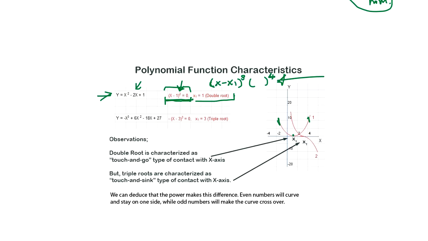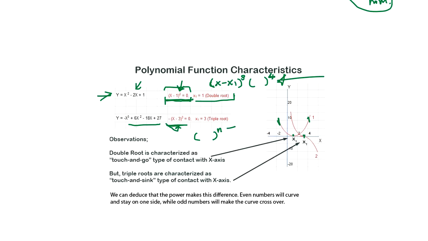So first observation, here you go, this polynomial, you can factor it into x minus 3 to the third. Okay, so there is a triple root here, and a triple root looks a little bit different. It's touch and go, but instead of touch and go up, it's touch and go down, so a touch and sink type of root. Okay, so it seems to depend on n.